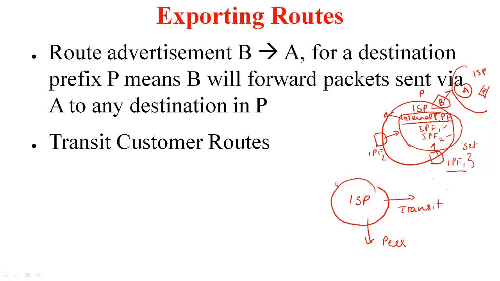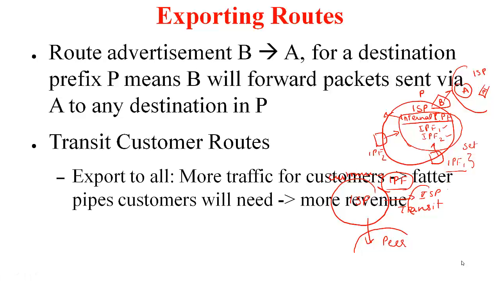This ISP has many customers, and the IP prefixes for these customers, let me call them IPF. So this IPF, should it expose to an ISP that is providing service to it? And should it expose it to a peer that is providing peering service to it? What do you think?